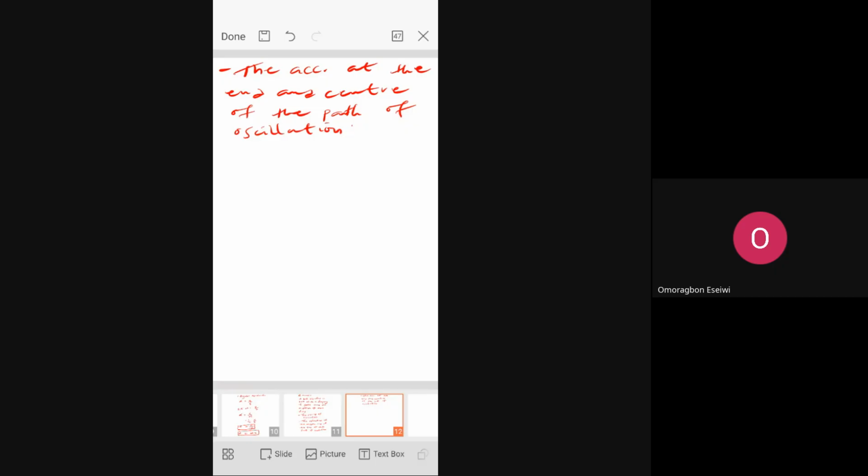And now the fourth one says we should find the velocities and acceleration at a distance 2 cm from the center of oscillation. Wow, these questions are quite interesting.